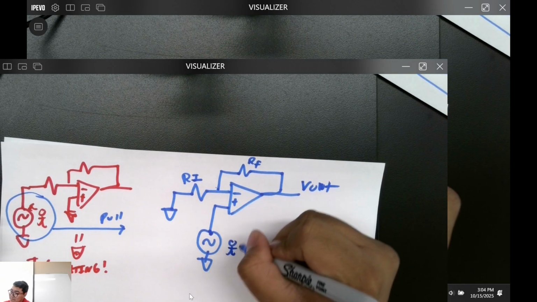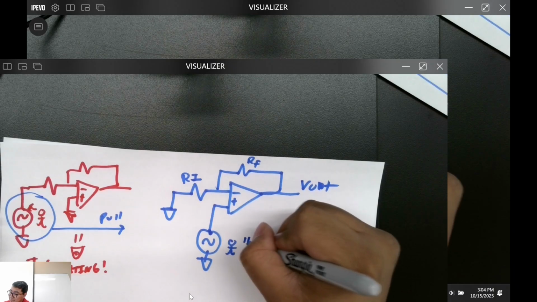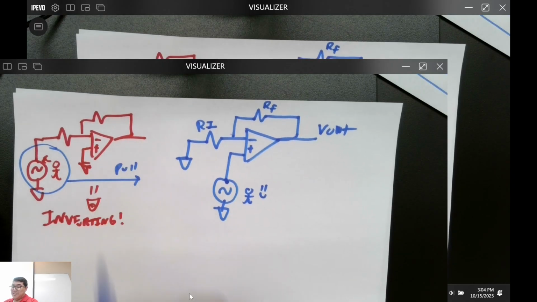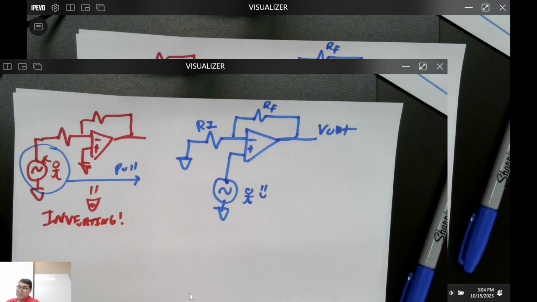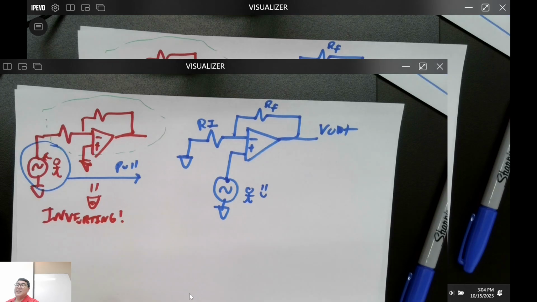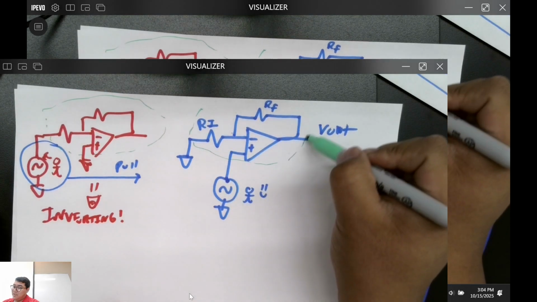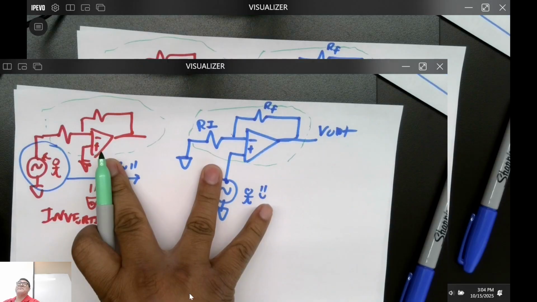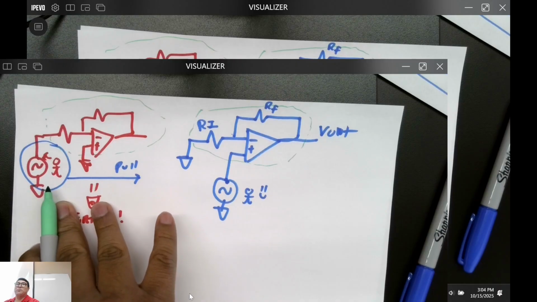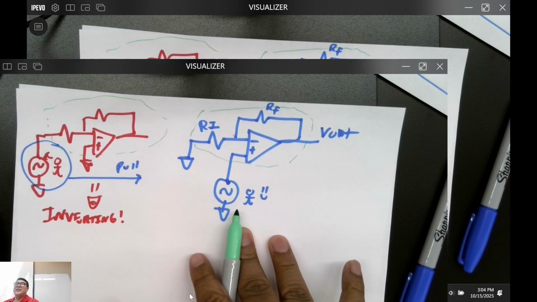Here's our little guy. He's happy. So now what I did here is the same circuit. Do you see the same topology? I'm going to use this really nice light marker right here. See that right there? Look at this topology. Are they the same? Somewhat, right? All we did was move this component, this wiggle voltage, over here.